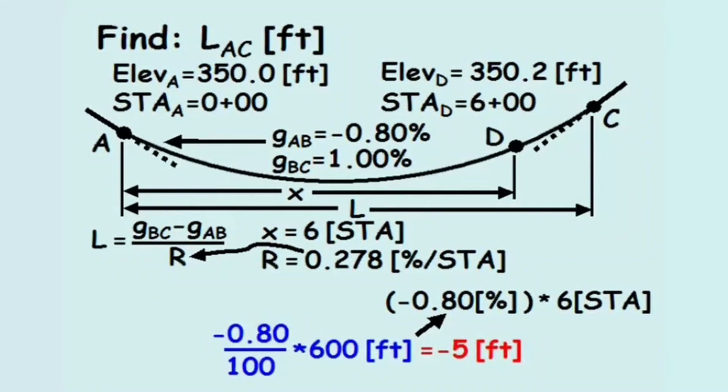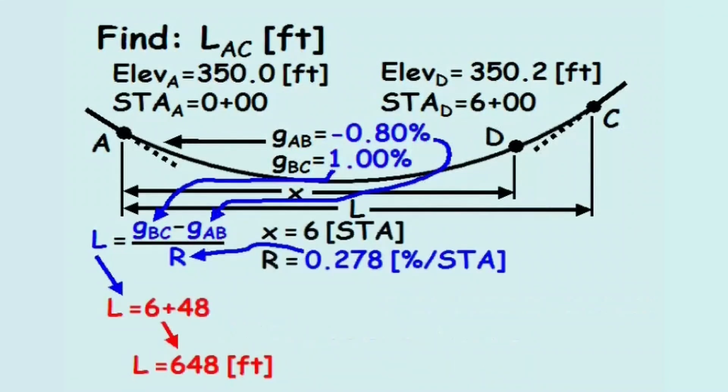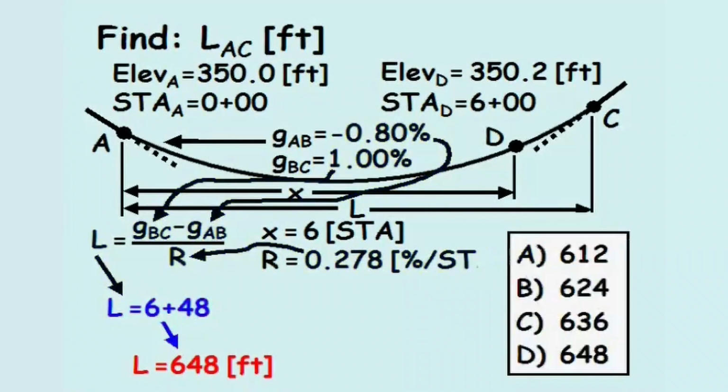Back to our problem, if we plug in 0.278% per station in for variable R, as well as grades AB and BC, then the length of the curve computes to 6 plus 48 stations, or 648 feet. When reviewing the possible solutions, the answer is D.